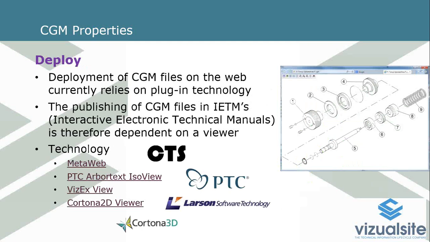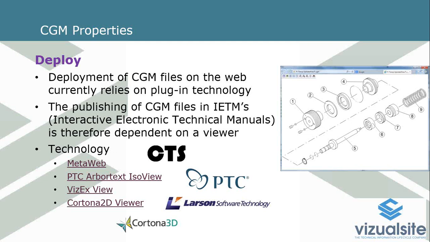So deployment. Obviously, we need to create the graphics, but we also need to distribute them or deploy them into different environments. So primarily the web or IETMs, Interactive Electronic Technical Manuals, is a way of deploying technical graphics today.